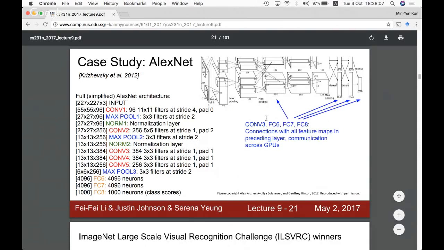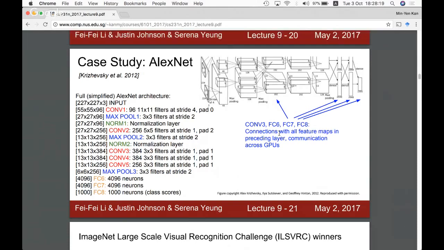For convolutional layer 3 and the fully connected layers, there are connections between the 2 GPUs, and they have parameter sharing.